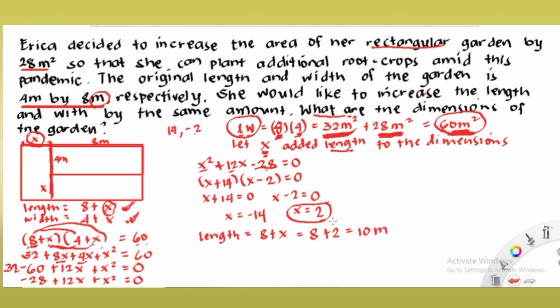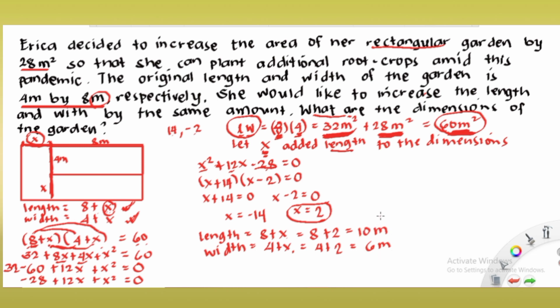So therefore, the length is 10 meters. And for the width, so the width is represented by 4 plus x. So that will become 4 plus 2, and that is equal to 6. Unit is meter. So therefore, the dimensions of the expanded garden are 10 meters and 6 meters.